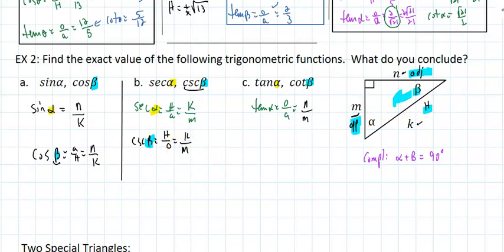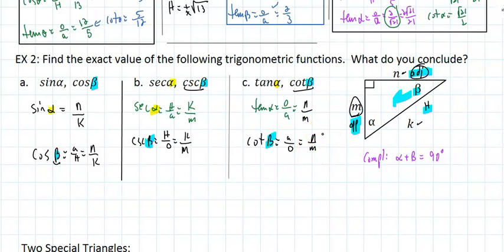And if I look at part C, taking the cotangent of beta, and again I'm looking at the blue, that is the adjacent over the opposite. The adjacent would be the n, and the opposite would be the m.